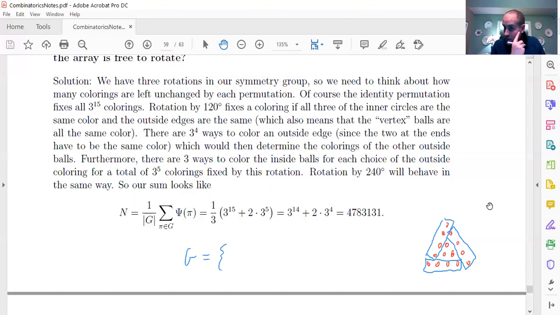Well, there were just 3 rotations: 0 degrees, 120 degrees, and 240 degrees. Rotation is in the clockwise direction, always. So we had 0 degree rotation, 120 degree rotation, and 240 degree rotation, okay?